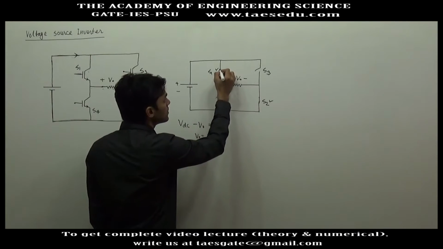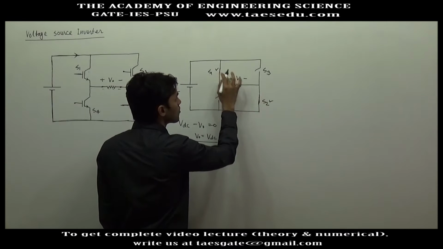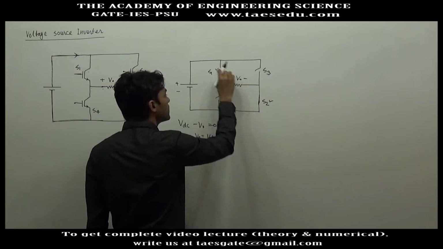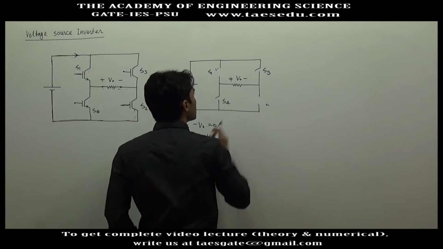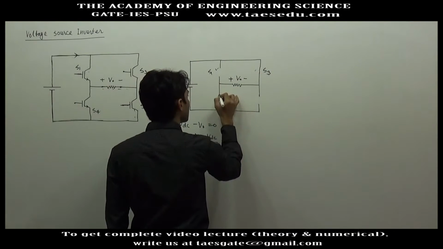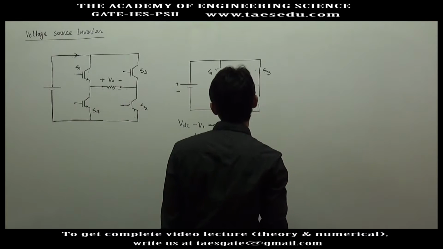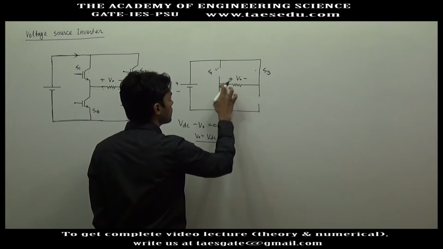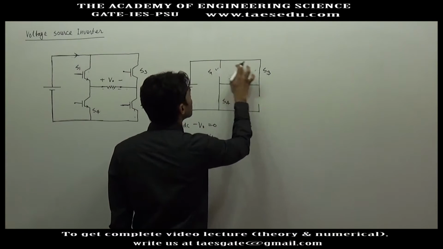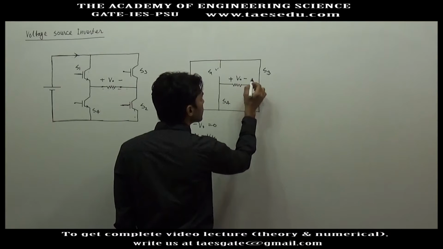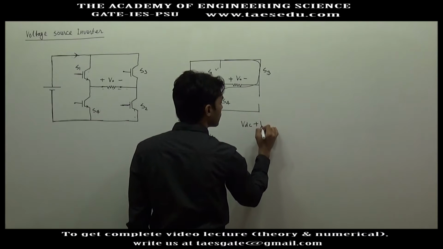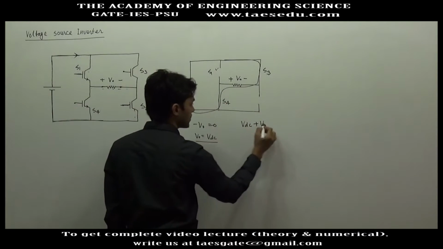So I will name these two switches as positive leg. When these two switches are open circuited, and let us say S3 and S4 are conducting, what will happen? Now if you apply KVL, here you will have gain of VDC, here you will have gain of, you are moving in this direction, here you have gain of V0, and the loop is completed.